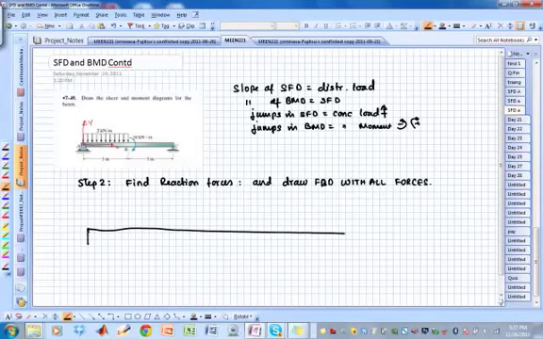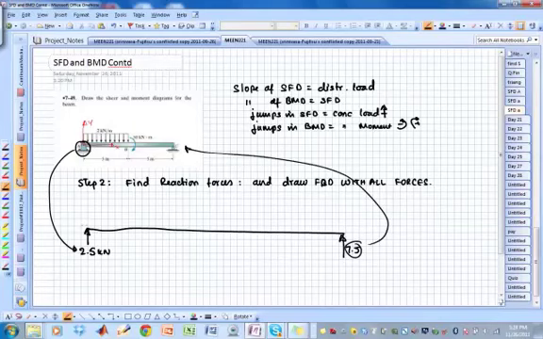Okay, so we have already calculated this. So I'm going to write it down, 2.5 kilonewtons from this reaction. And then that one is 7.5. And then we have this distributed load up to half the beam.